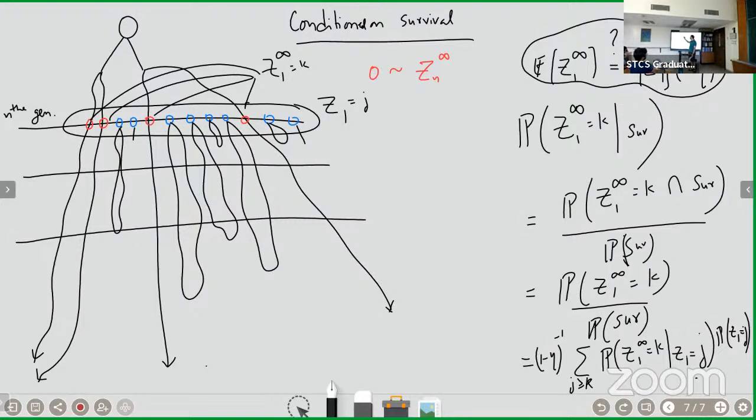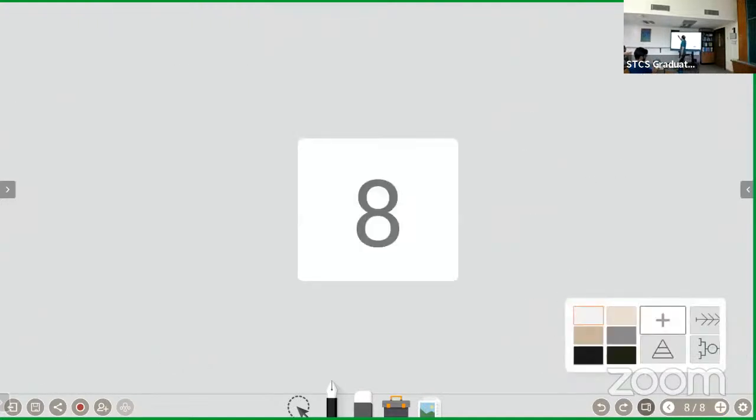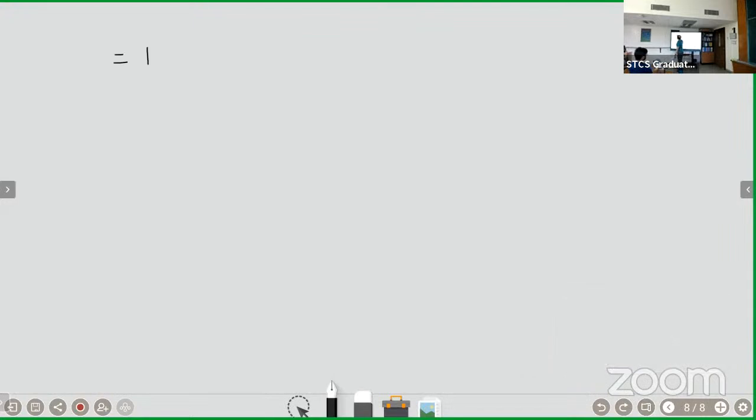And how many possible ways you can generate K out of J is J choose K. So I get J choose K, you use this symbol or J choose K, this symbol, P_J, to the power K.